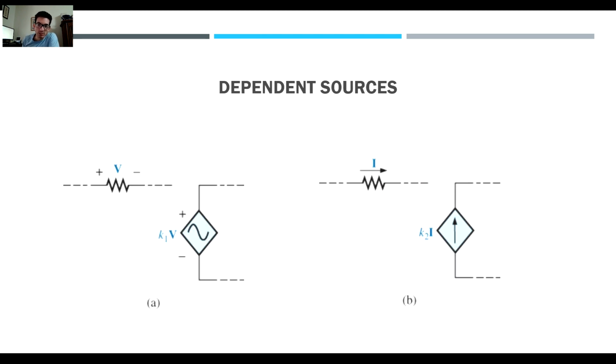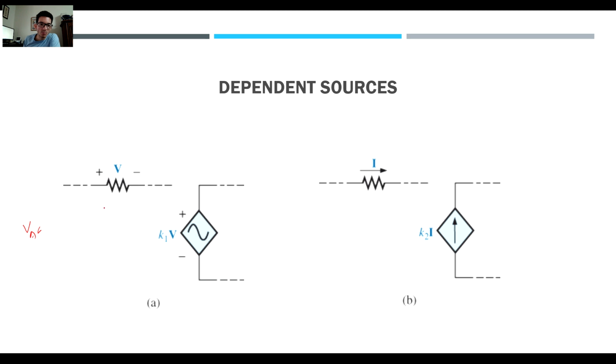The dependent sources, on the other hand, are sources that are computed using a set of passive elements. So for instance, if we have a resistor and we have an independent source over here of voltage, say AC, once it goes through the resistor, then there's going to be a voltage drop, which if the circuit is designed correctly, is going to be a constant.